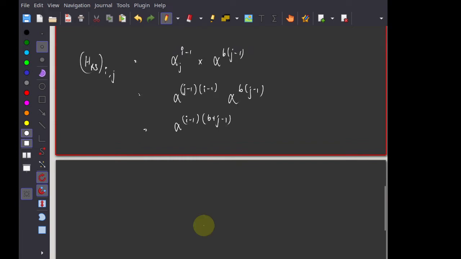Okay. So this is a general expression for the ijth entry of the parity check matrix of the Reed-Solomon code.